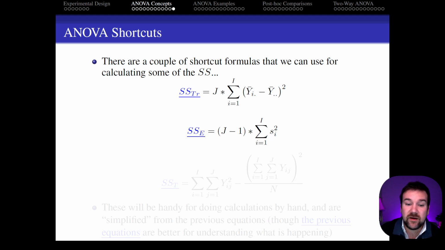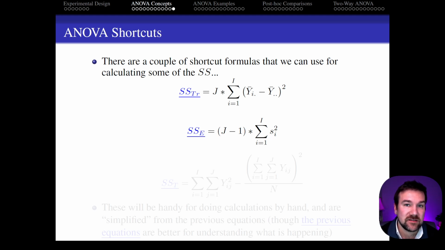For the sum of squares error, I'll take capital J minus 1, the total number of observations in each group minus 1, and then I'll find the variances for each of the groups. Remember, S squared is the sample variance in each group. So I'm going to find the sample variance for group 1, sample variance for group 2, sample variance for group 3, inside the group. So this is the variance within the group. And then I literally add them up.